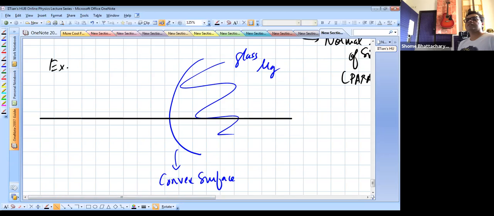Let's say this surface has a center of curvature that lies somewhere over here. So this is a spherical surface. It has a center of curvature, and that center of curvature, let's say, lies over here. Okay. And the radius of this glass surface is R.